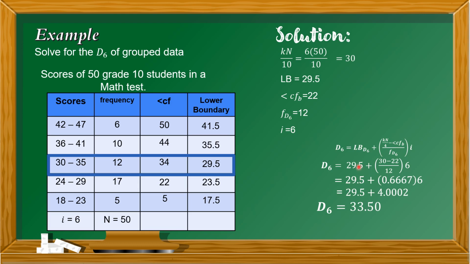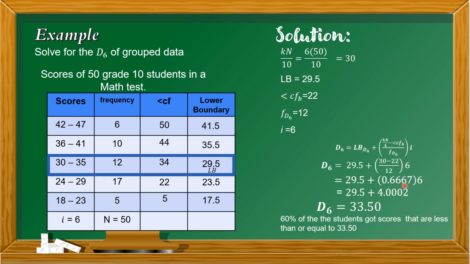D sub 6 is equal to 29.5 plus the quantity of 30 minus 22 all over 12 times 6. 30 minus 22 all over 12 is equal to 0.6667.